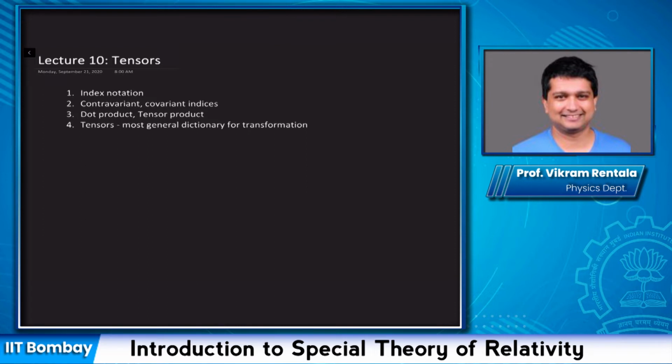So this gives us a set of generalized objects which have transformations which are different from four vectors under Lorentz transformations. And this most general set of objects which transform in this way, these tensors, will allow us to understand the most general way in which Lorentz transformations can act on different objects.